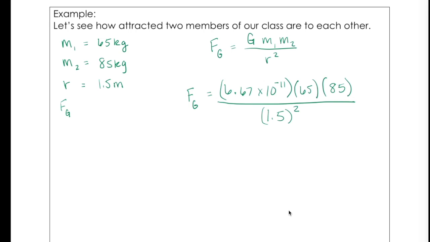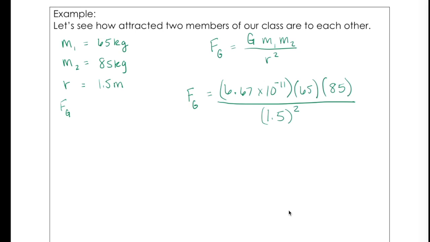Now, if you have a graphing calculator or a higher functioning calculator, you should be able to put all of this information in easily, and it will compute the correct answer for you.